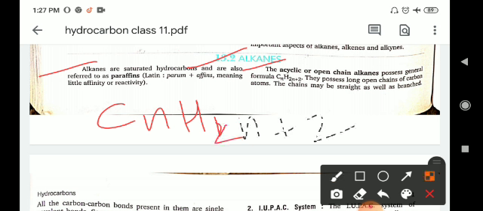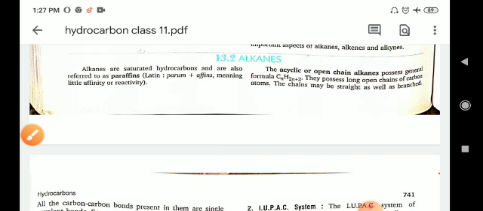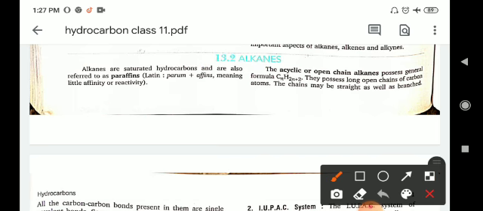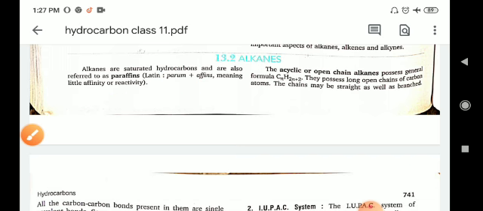By this formula you can find the molecular formula of any hydrocarbon by putting in the number of carbon atoms. Here small n equals the number of carbon atoms. So CnH2n+2 is the general formula for obtaining the molecular formula of alkanes.